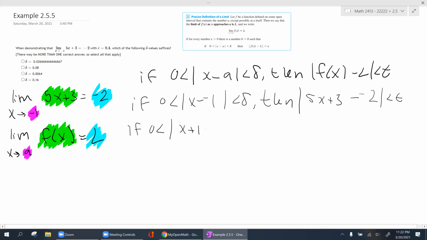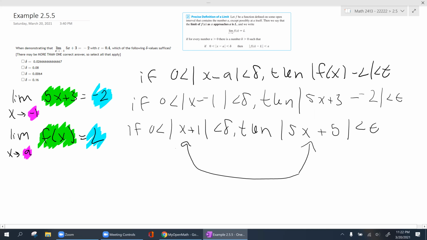So this is x plus 1 less than delta, and 5x plus 3 plus 2 is going to be 5. We said that we're trying to factor things out on the right such that they end up looking just like this. So the one I'm going to manipulate is the one on the right. I'm going to factor out a 5.